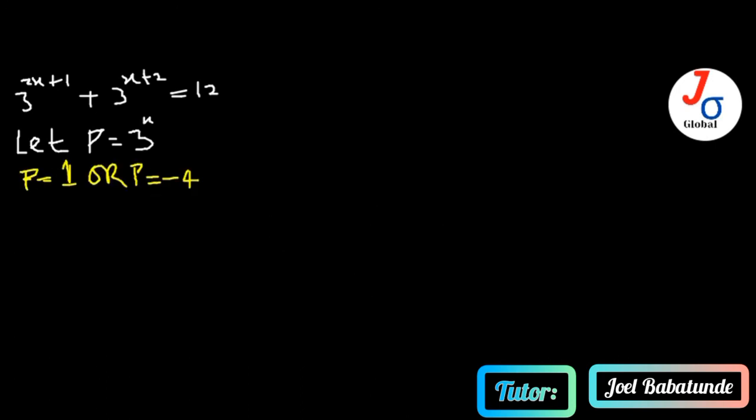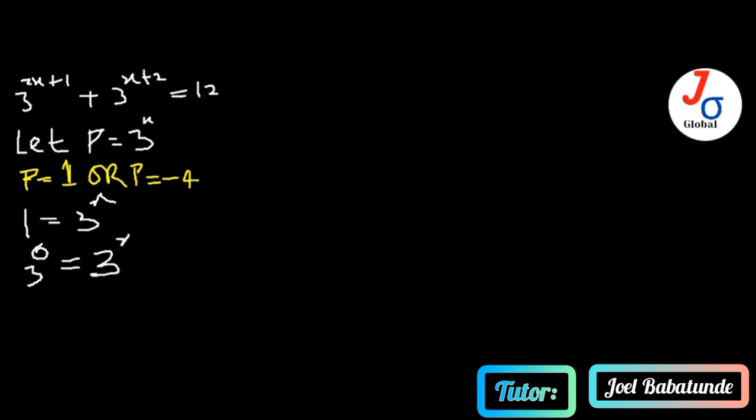So now we said that p equals to 1 or p equals to minus 4. So remember that p is equals to 3 raised to the power of x. So I have 1, that's p, equals 3 to the power of x. 3 raised to the power, what will give us 1? From my knowledge of indices, I know that 3 raised to the power 0 will give me 1, because anything raised to the power 0 is 1.